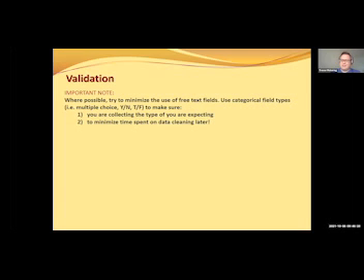and it will minimize the time spent on data cleaning later. So for example, if we're asking about participants' race, if you have a free text field, what you could see is that a particular person enters in African American for their race. Another person enters in African-American for their race.